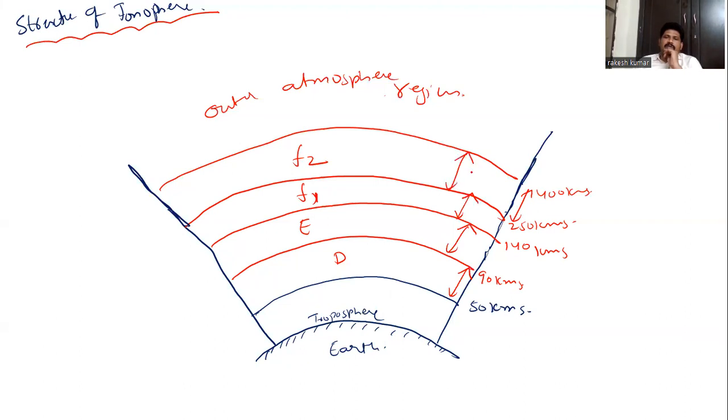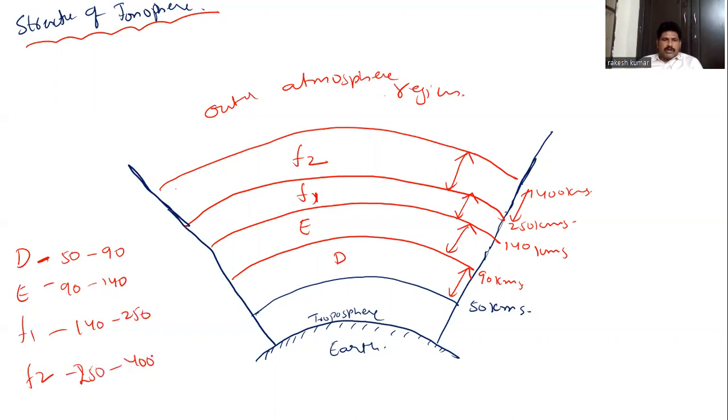The F2 layer extends from 250 to 400 kilometers. So there are four layers: D, E, F1 and F2.